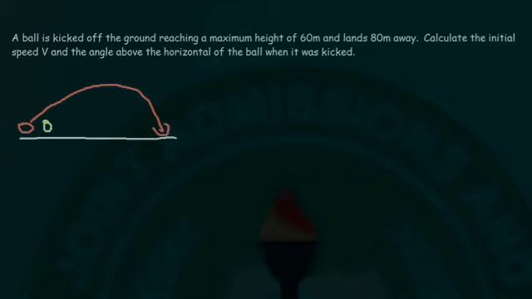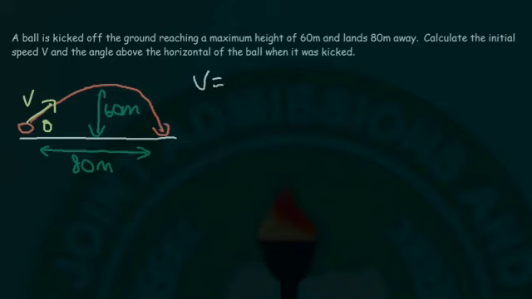Our goal is to find theta and the initial speed v. Now we know the height is 60 meters. That's h, or dy, and the range is 80 meters. It lands 80 meters away from where it was kicked. So we have to find v and the angle theta.